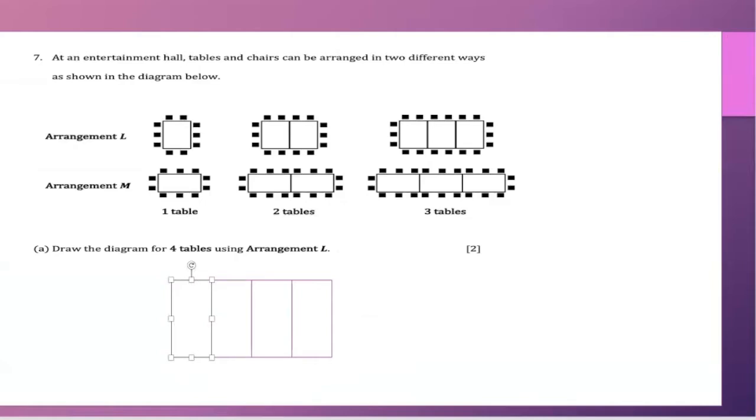So doing that, I'm going to have 1, 2, 1, 2, 1, 2, 1, 2. And these represent the chairs. Same scenario on the next side.